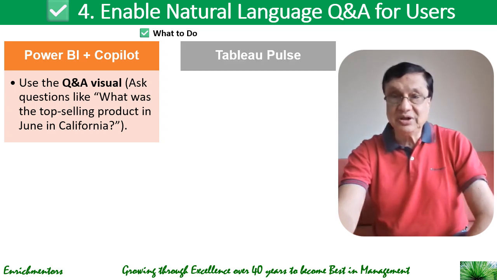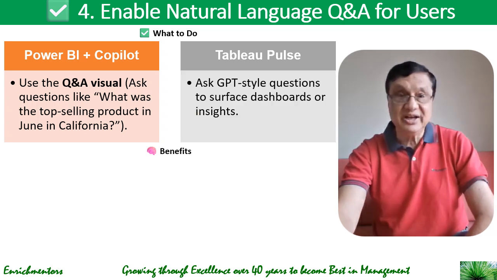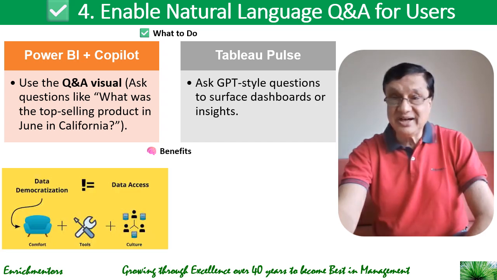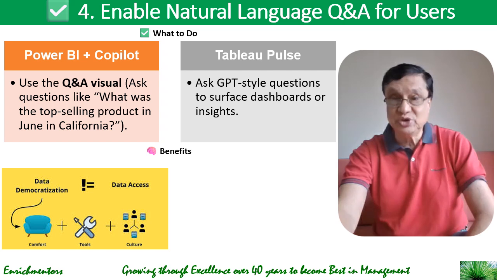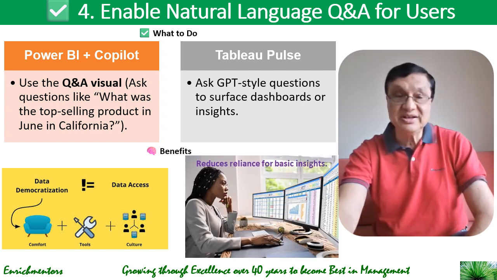And in Tableau Pulse, you could ask GPT-style questions to surface dashboards or insights. And what are the benefits of these two things? First, it democratizes data access across non-technical users. Anyone and everyone can use them. Second, it reduces reliance on analysts for basic insights. So a lot more self-reliant, so to say.